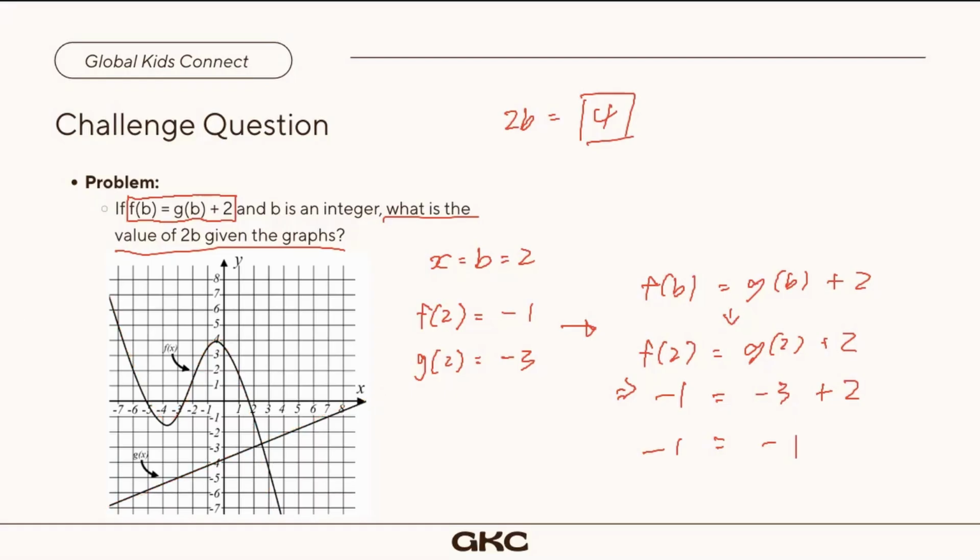And so let's just take a couple points, for example. If we take a point where, let's say, x is equal to -5, then the y value of f of x is roughly 0, because as you can see, if you go all the way to the y-axis it is equal to 0. And then at the same x value, the point for g of x will be here, which is around -6.